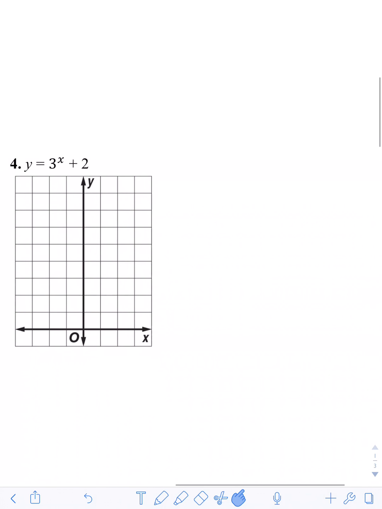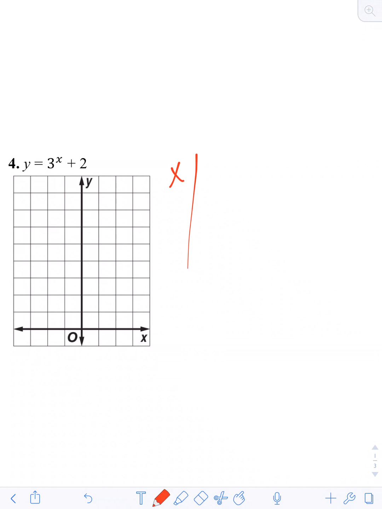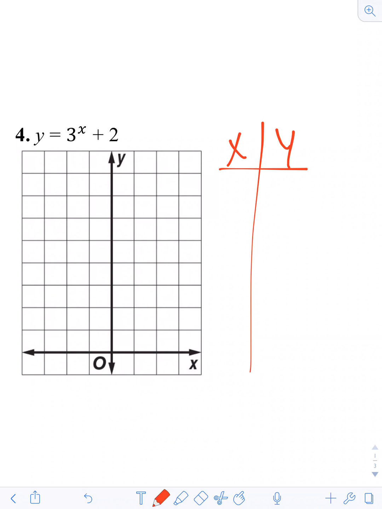So I'm going to do my table on this other side for number 4. We have an xy table. I'm going to go from negative 3 to positive 4. Just kind of want to see what's going on here. So negative 3, negative 2, negative 1, 0, 1, 2, 3, and 4. And then just go ahead and type this in your calculator.